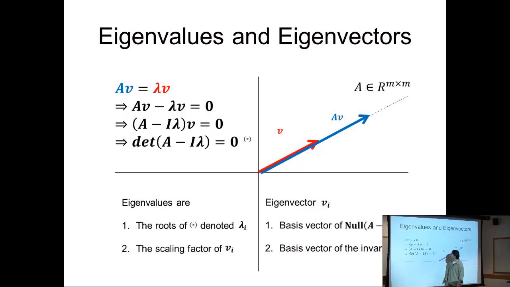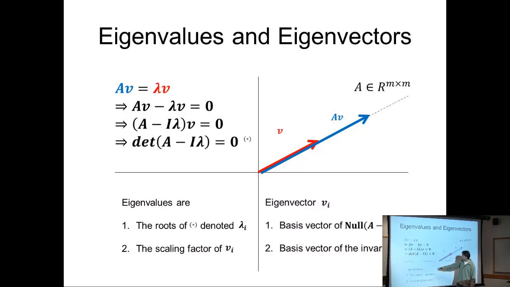At this point, to find values of lambda where this expression is true, in other words, different scaling factors, we're going to look at the determinant of this matrix here. Because for non-zero vectors v, this matrix has to be singular, and therefore its determinant has to be equal to 0.